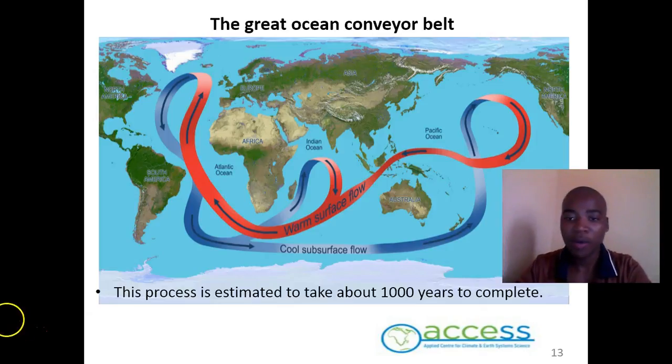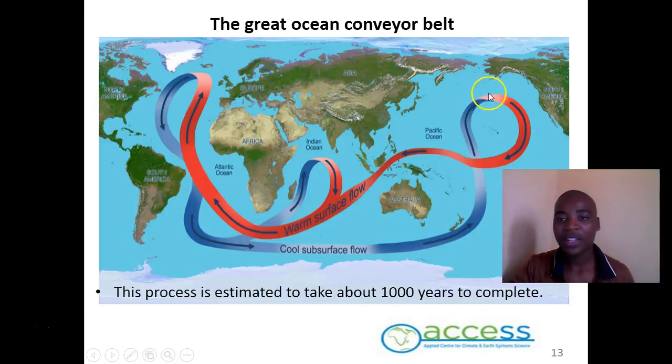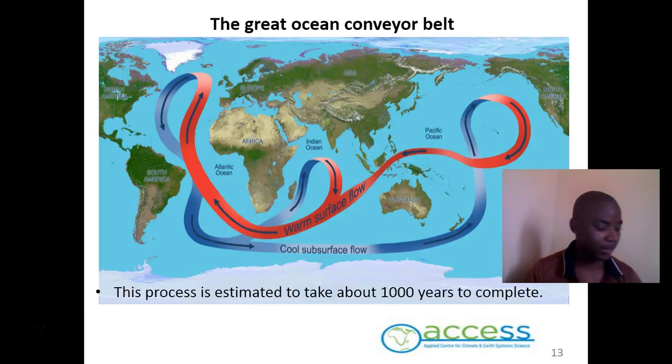So the notion of the thermohaline circulation is that it is the deep circulation. The blue color shows the deep circulation, and the red shows the warm water, the upper surface. So ocean circulation has a fast, shallower circulation, which is driven by wind.